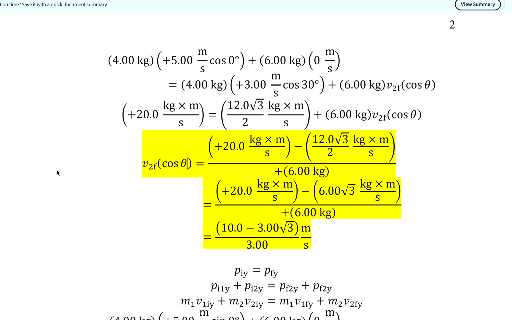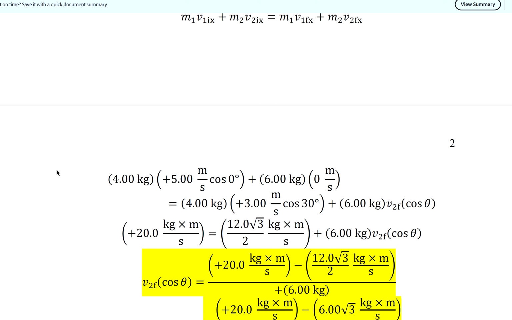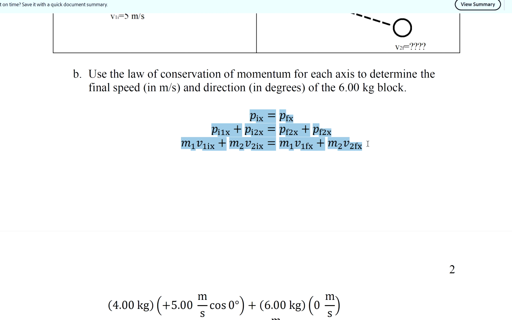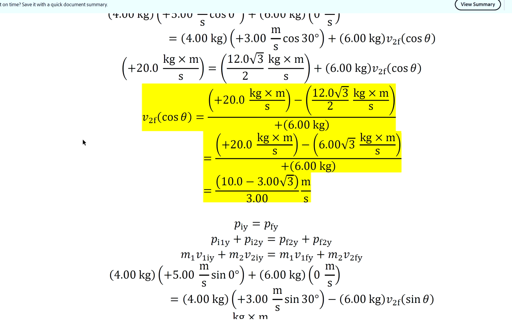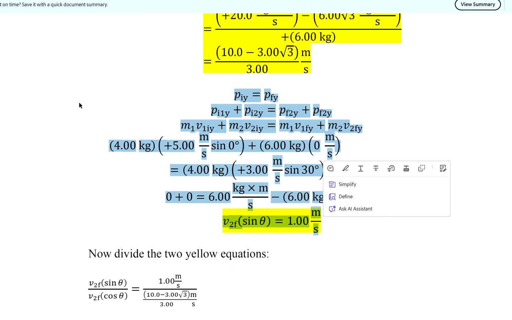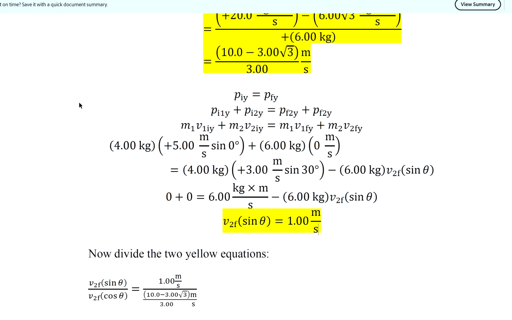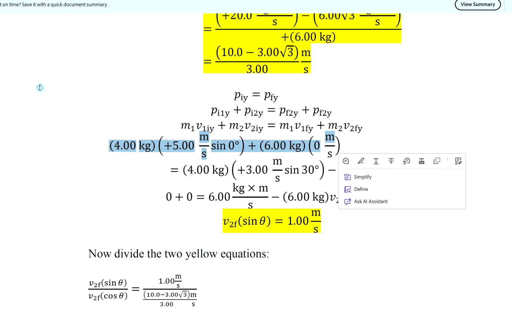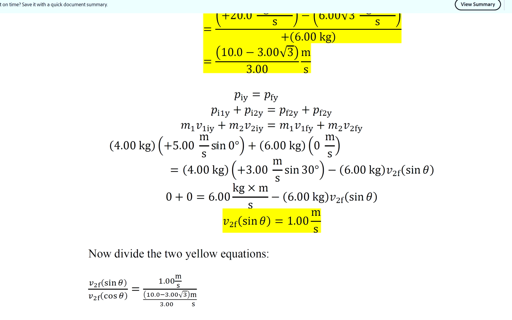Now, that was the horizontal motion. So now I'm going to do the same thing with vertical motion. P initial equals P final. Sorry, P initial y equals P final y. Initially, there was no vertical momentum, so the left-hand side is equal to 0, because the sine of 0 is 0.